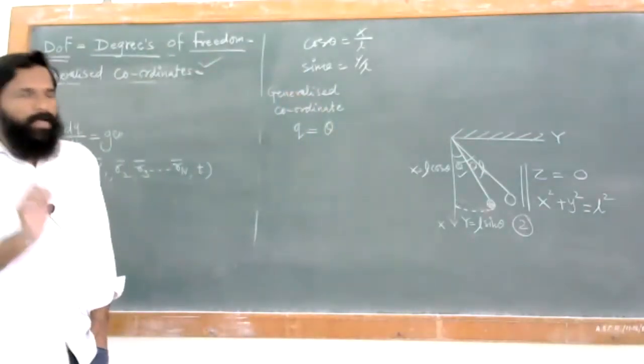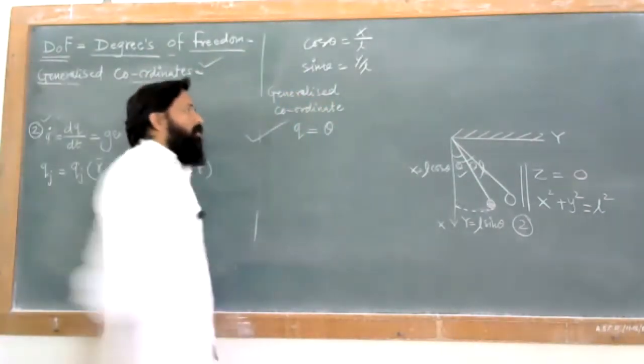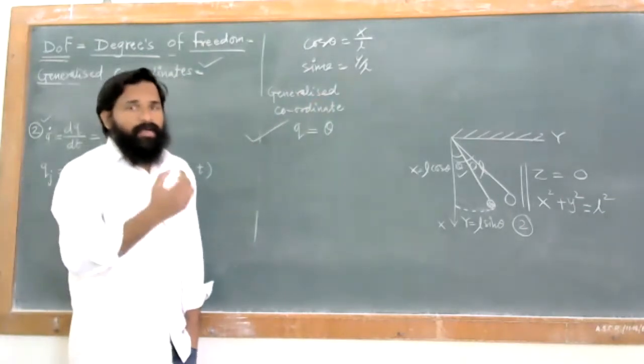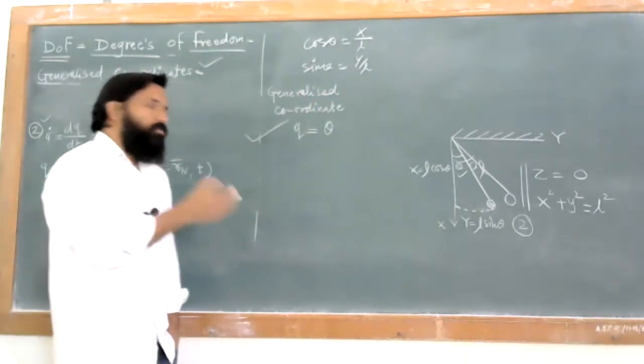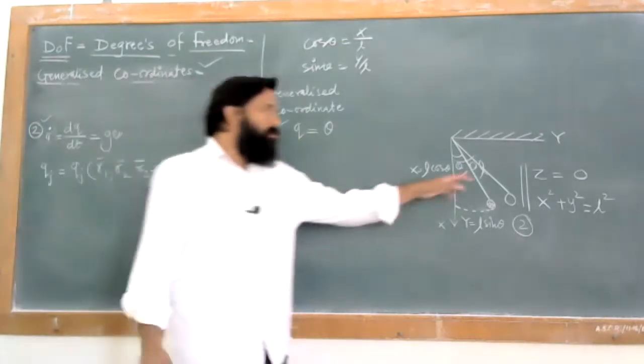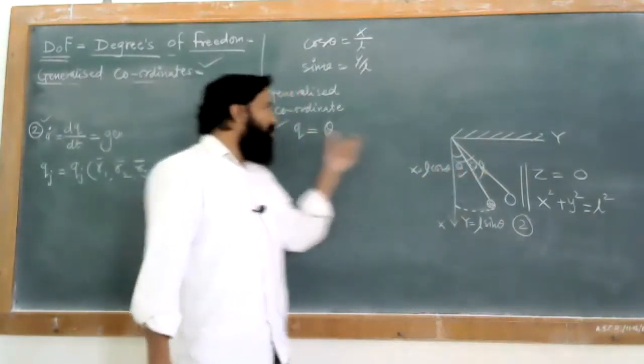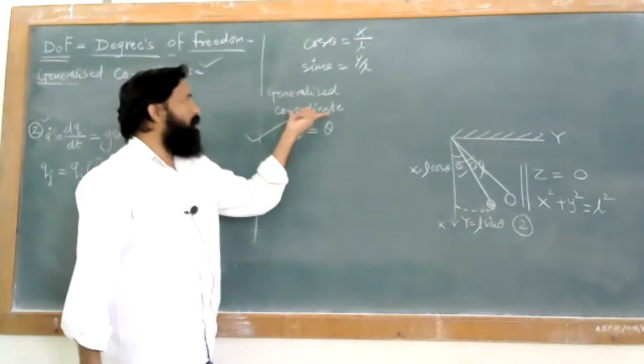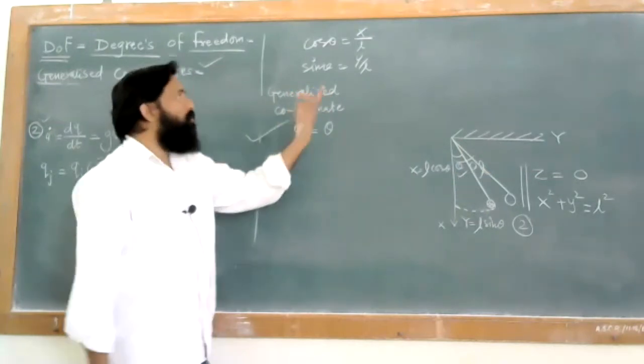Everyone please note this, it is important. What is the generalized coordinate? The coordinate which is changing. Which coordinate is changing? Here the coordinate changing is theta, and the coordinate that changes is what we call the generalized coordinate. So what is the value of theta then?